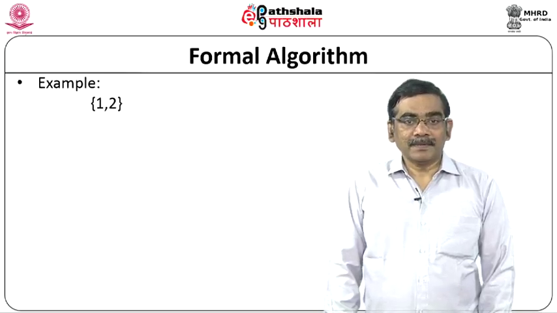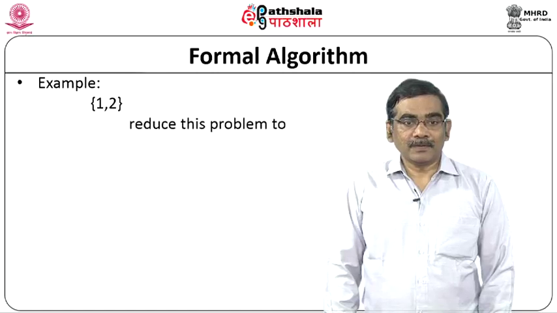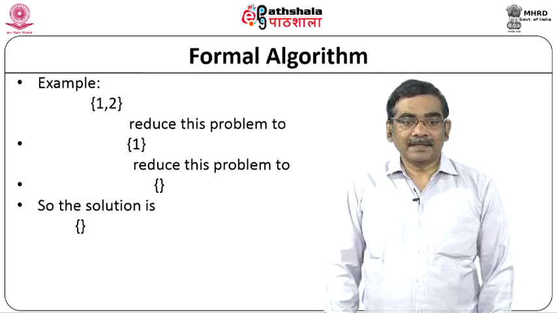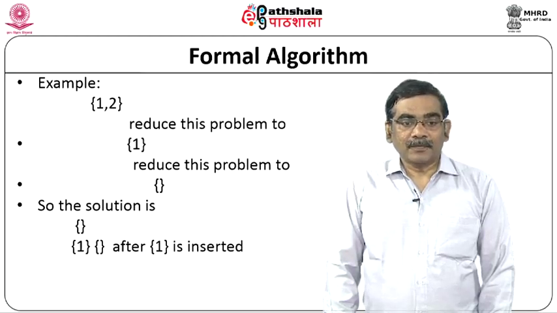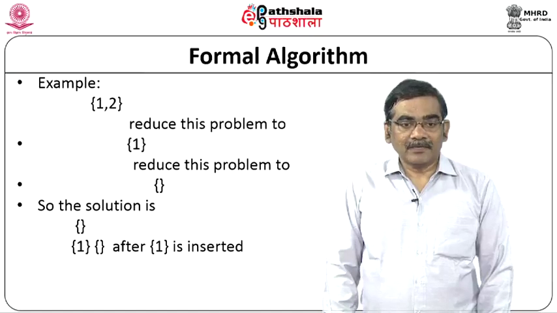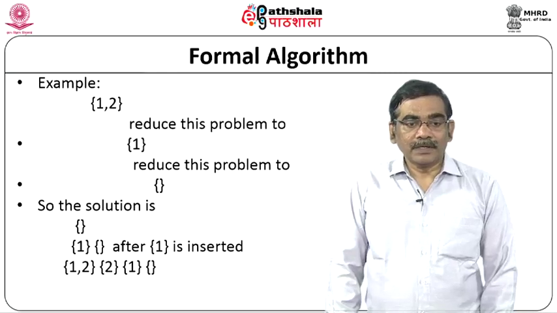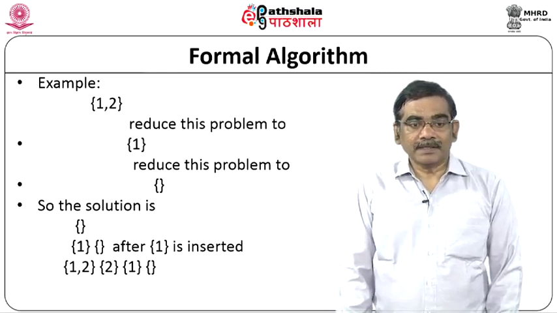So, this is an example. Suppose I have 1 comma 2, I am reducing this problem to 1 and I am reducing this further to the null. So, that means from here I can't proceed further. Now, I have to insert. The solution is null, then I am inserting 1 to get null and 1. Then 2 is inserted.